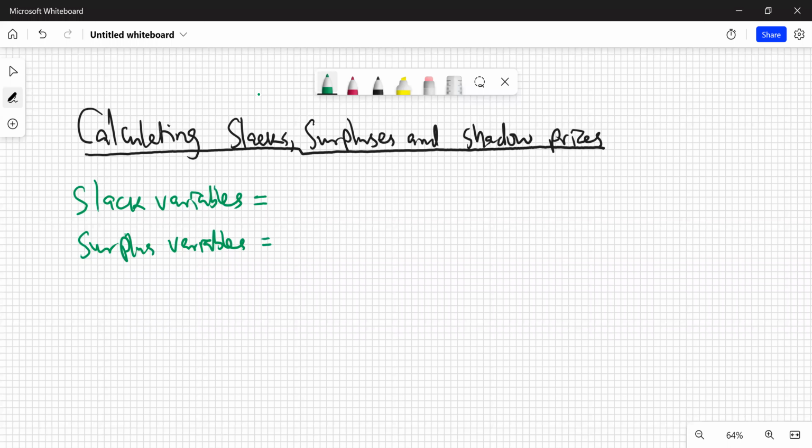Usually these are denoted by letter S on the LP model, and a slack variable is a variable that is added to a resource constraint to convert a less than or equal inequality into an equation.